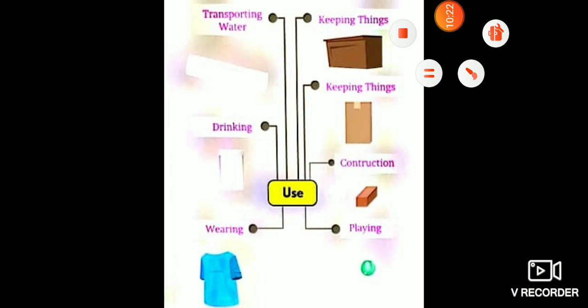So varieties of objects have different shapes, have different colors, and the objects around us are made up of different materials, have different uses. In this way, varieties of objects are seen in our daily life.